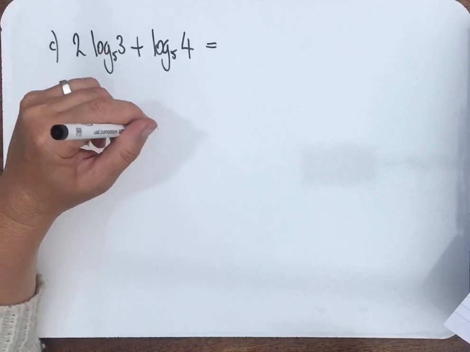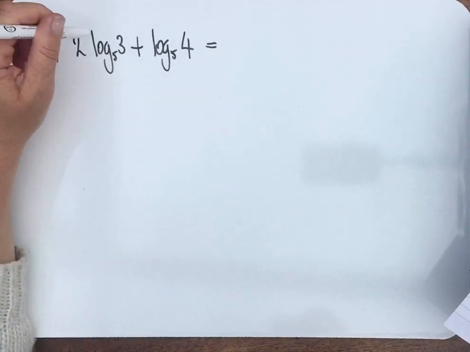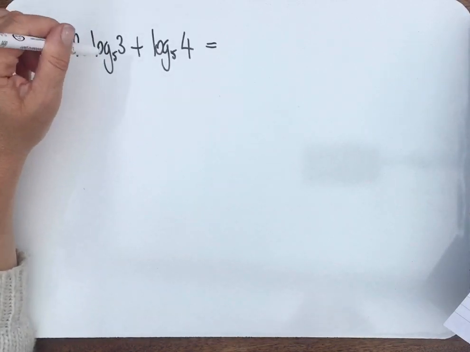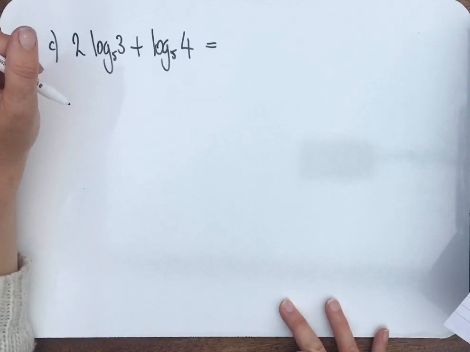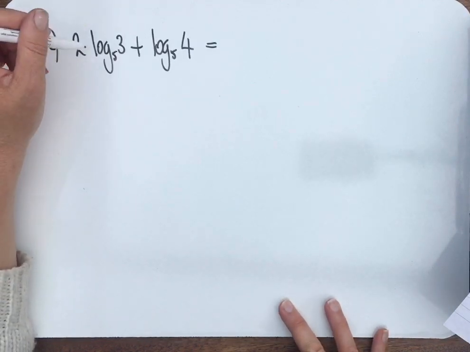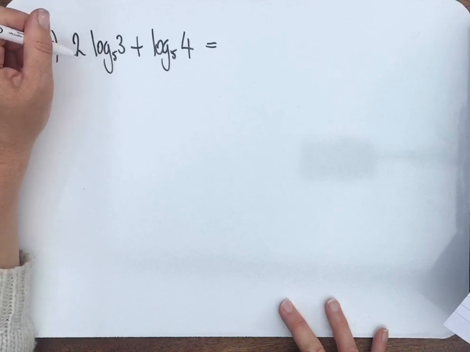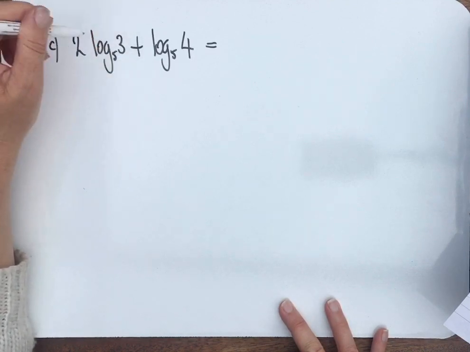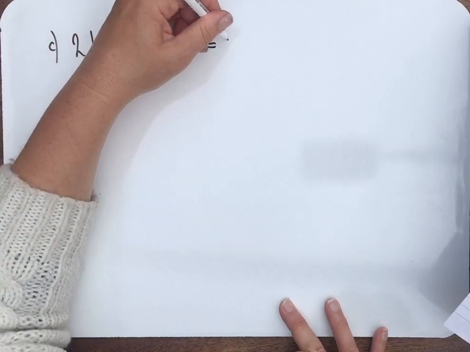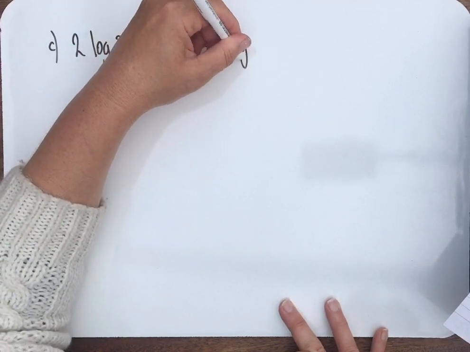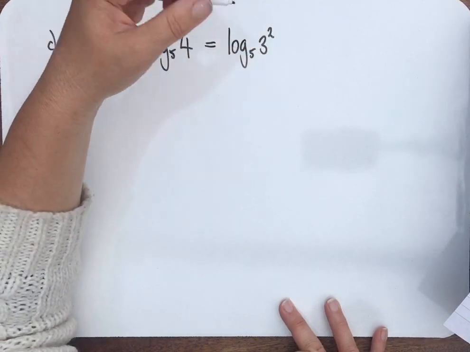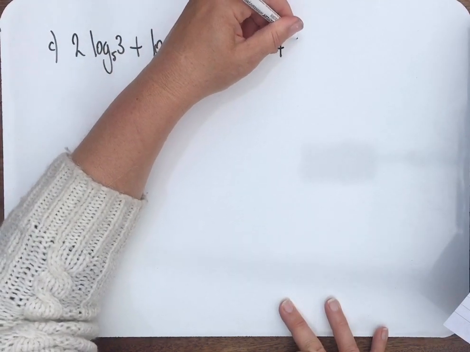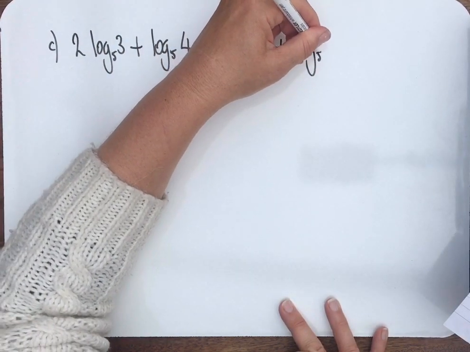So log A plus log B is log of A times B, but there's nothing being multiplied in that expression. So the first thing you need to do is pull up your powers. So this 2 log to the base 5 of 3 is the same as log to the base 5 of 3 squared plus log to the base 5 of 4.